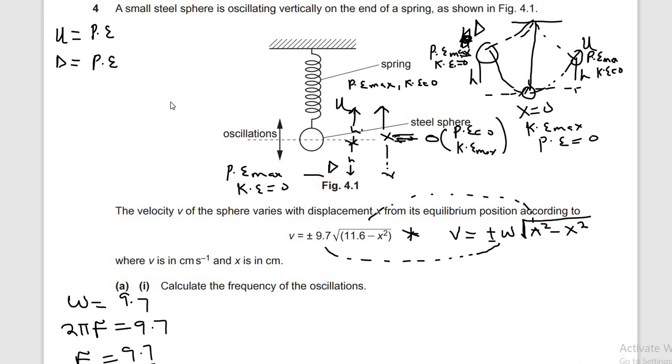Potential energy. U is up, D is down, M is the middle. Kinetic energy is maximum at that point. Potential energy in a spring is half kx squared. Kinetic energy is half mv squared.